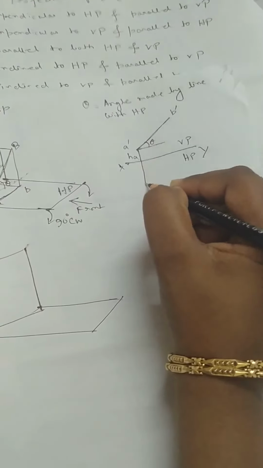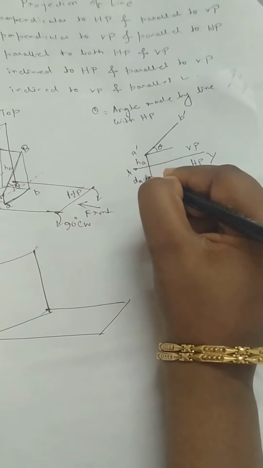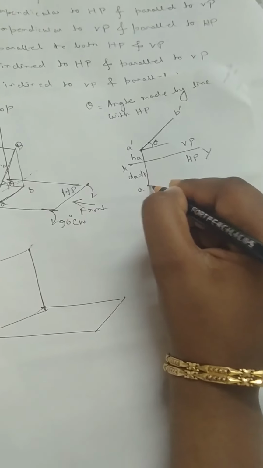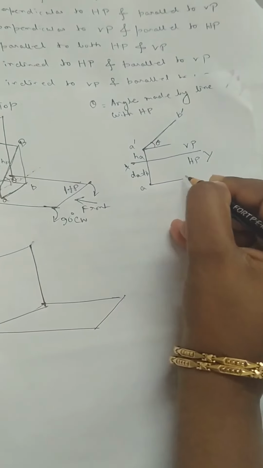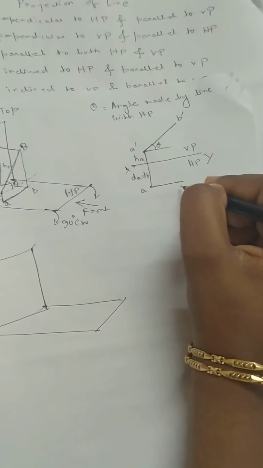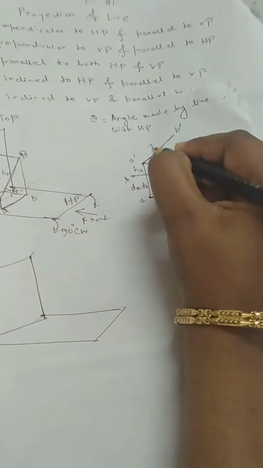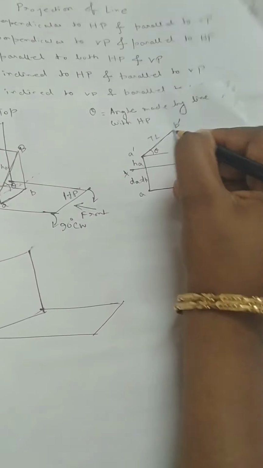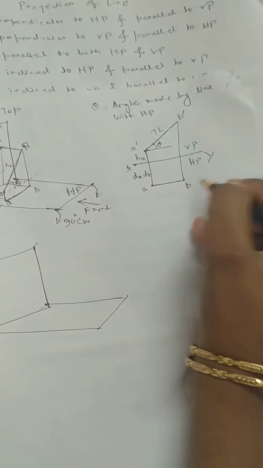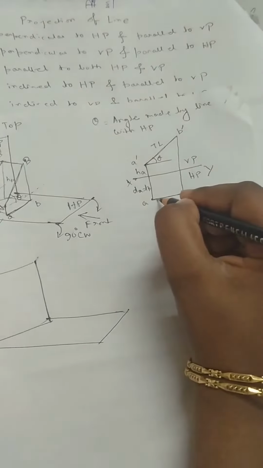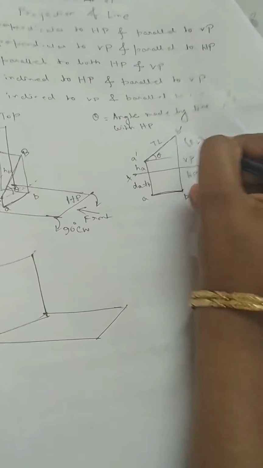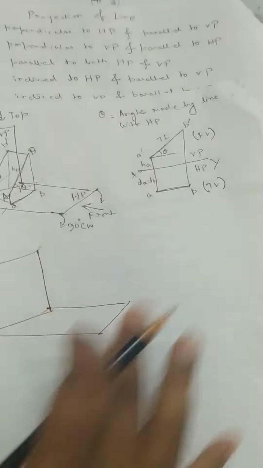Similarly, here DA equal to DB, so this is our A point, and if we extend this one, we will get our B point. Since we got our true length over here, this is our B dash, we will just extend this one here and we will get B point. So this is AB and this is A dash B dash. Again this is front view, this is top view.